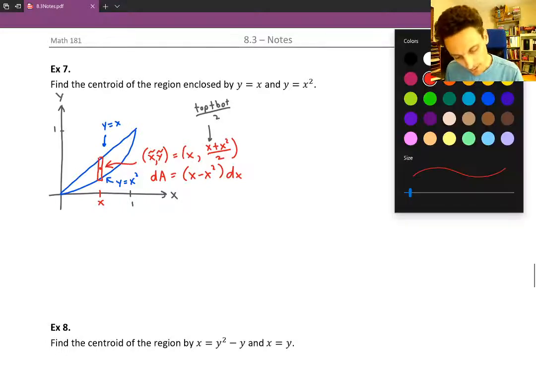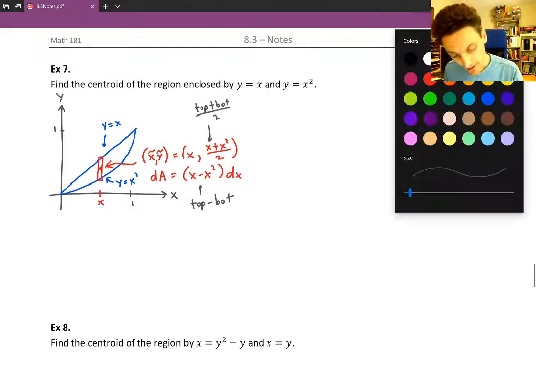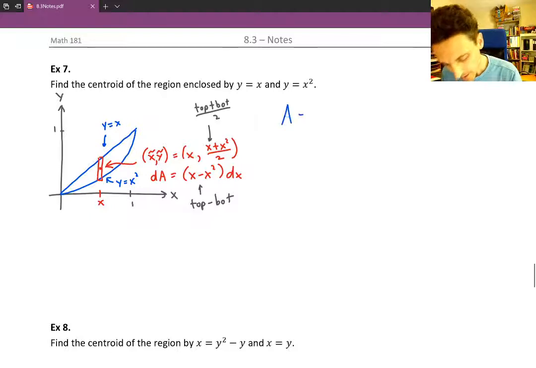So we did top minus bottom to get the height of the rectangle. All right, we have everything that we need now to start getting our integrals set up.